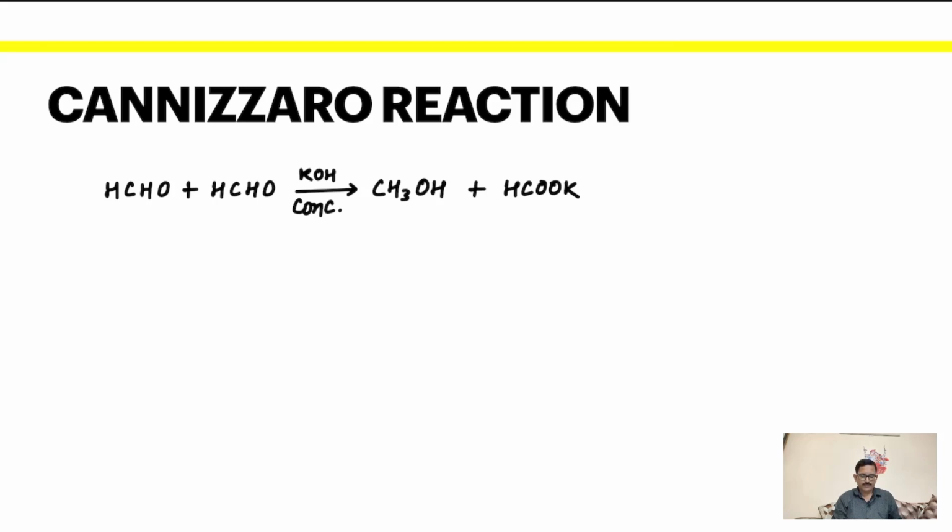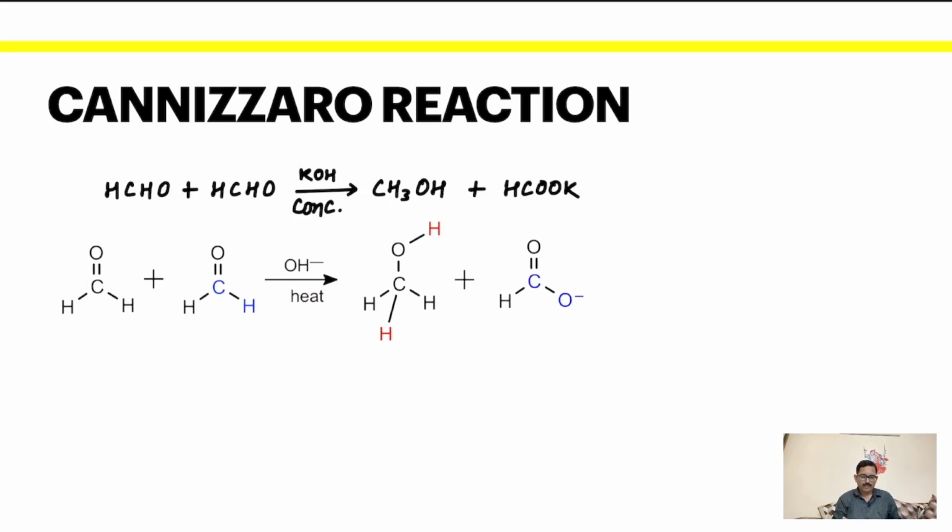We can again write the reaction in molecular formula. Two molecules of HCHO are converted to methanol and potassium formate. Here, if we consider oxidation and reduction, first the C=O group, which is also called the carbonyl group, is reduced.